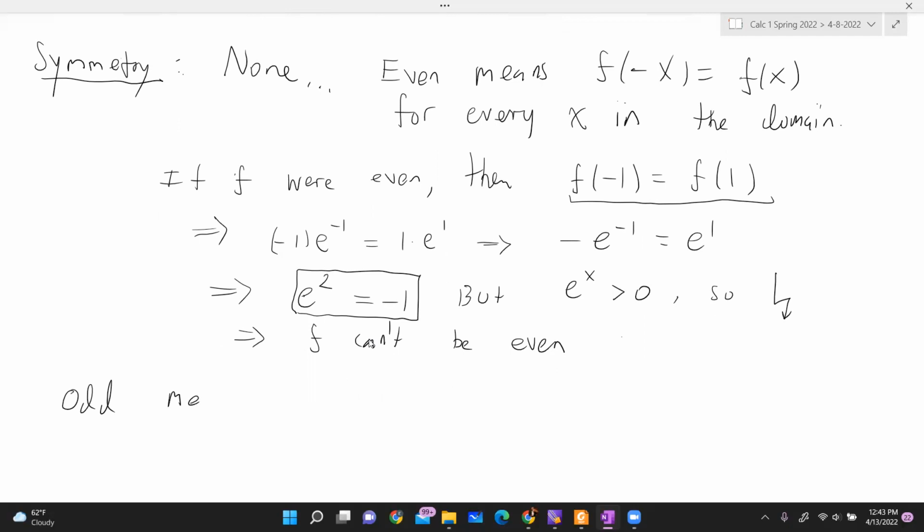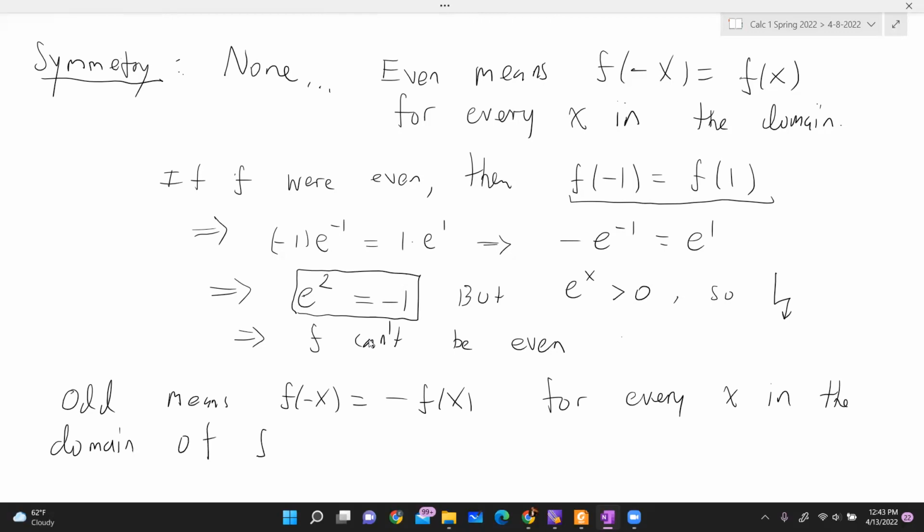But what does that mean? So odd means that f of negative x is equal to negative f of x for every x in the domain of f.